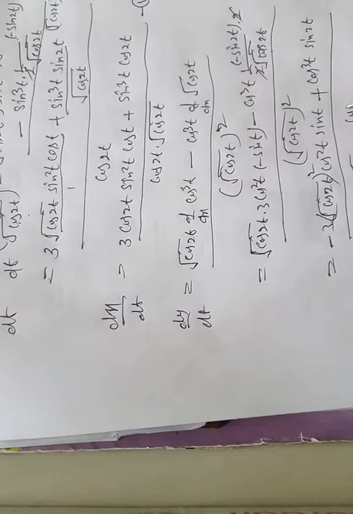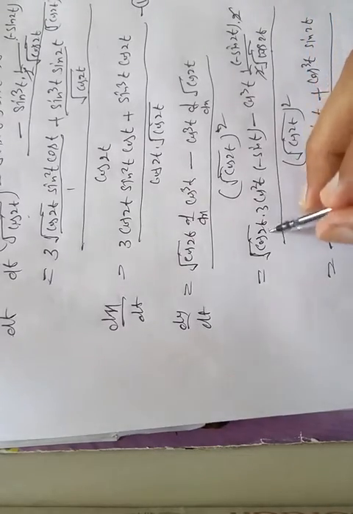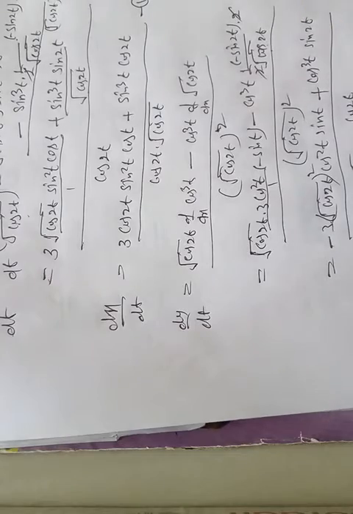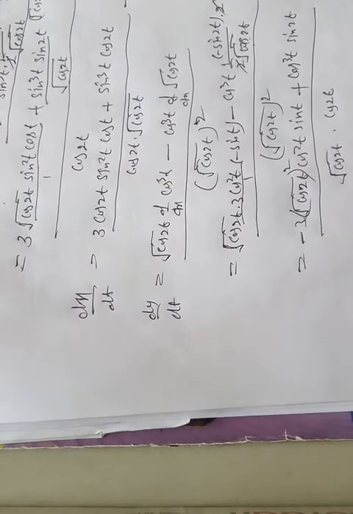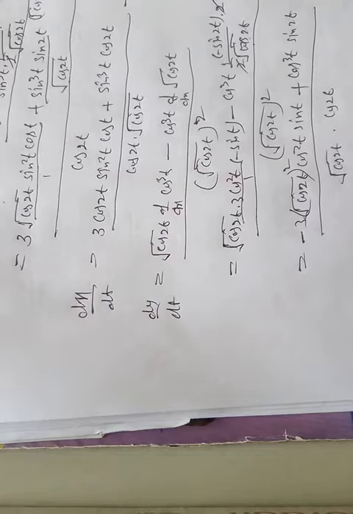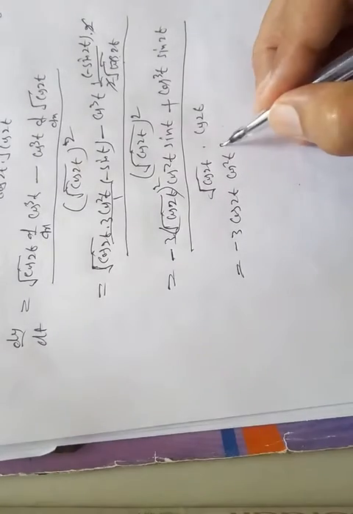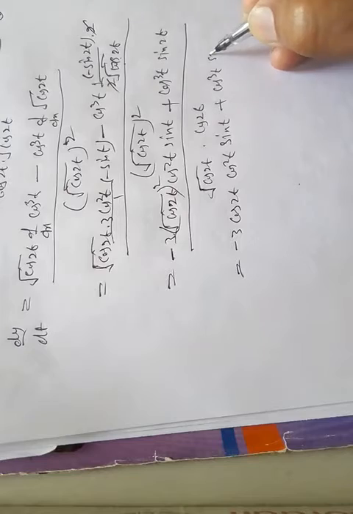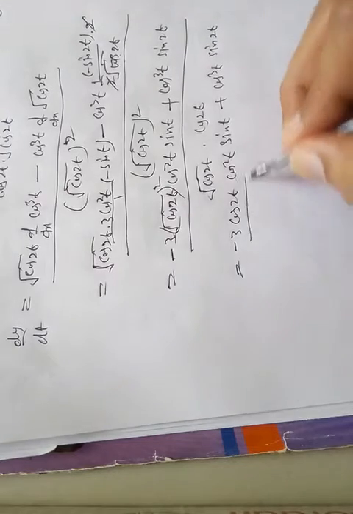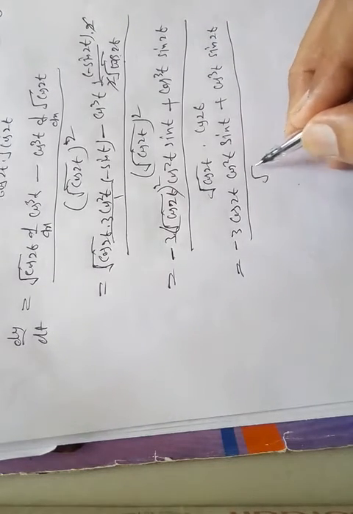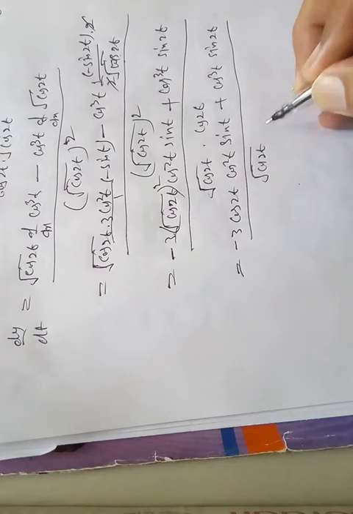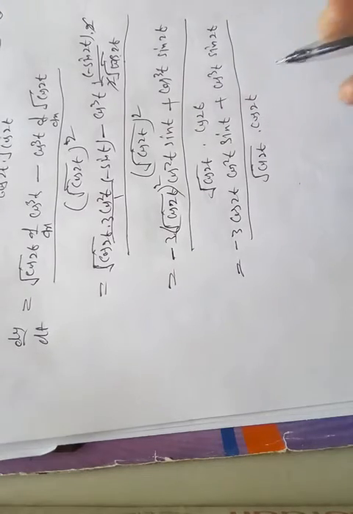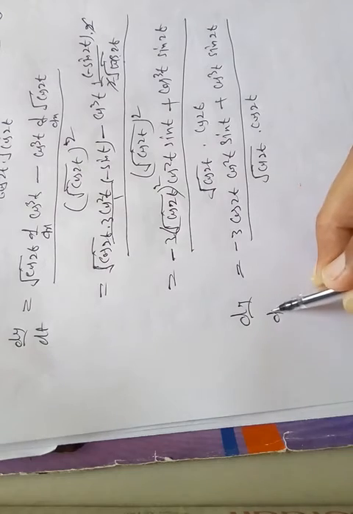Taking LCM, dy/dt equals minus 3 cos 2t cos square t sin t plus cos cube t sin 2t, upon under root cos 2t into cos 2t. This is dy/dt.